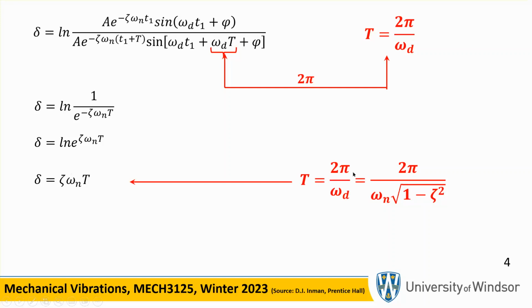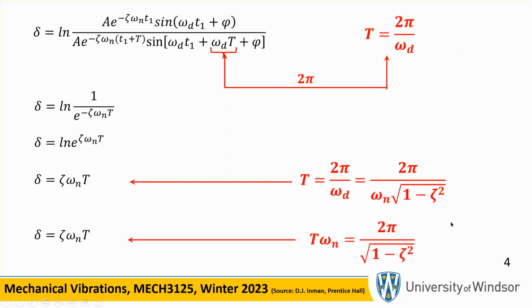Now, this T, we just had it up here, is 2 pi over omega d. And omega d, in terms of the undamped natural frequency, was this expression, okay? So if you look at this expression on the top, T times omega n is simply 2 pi over square root of 1 minus psi squared.